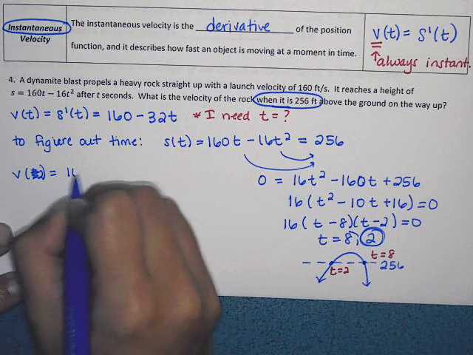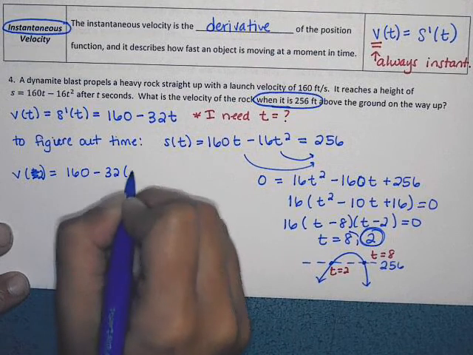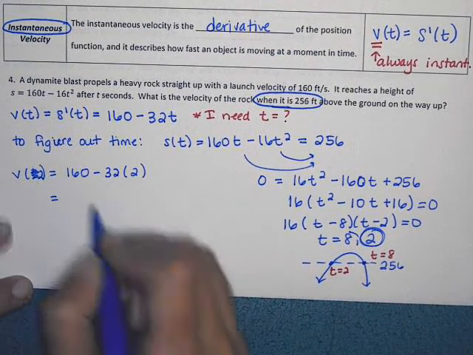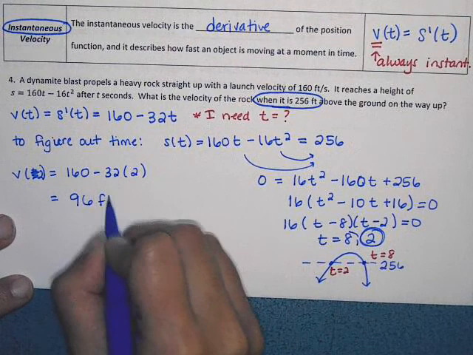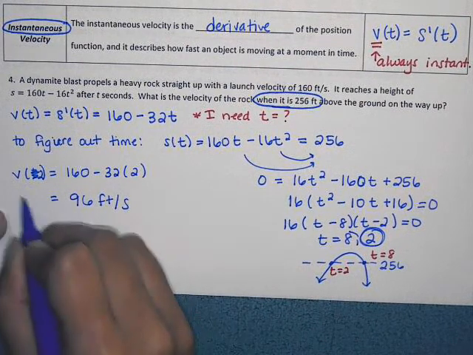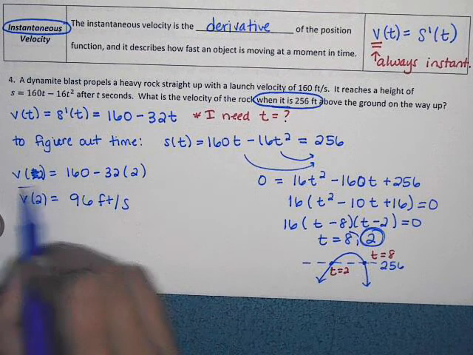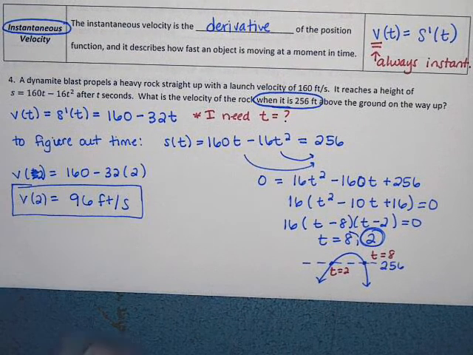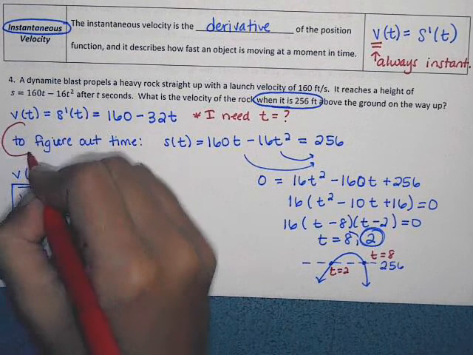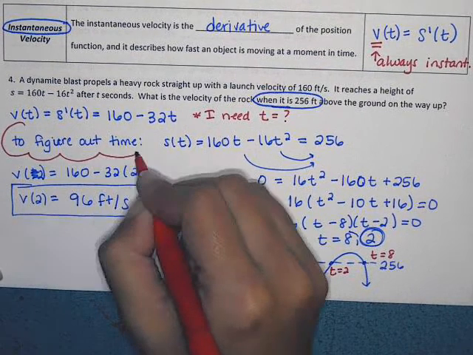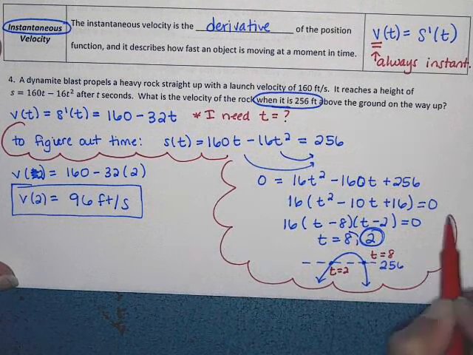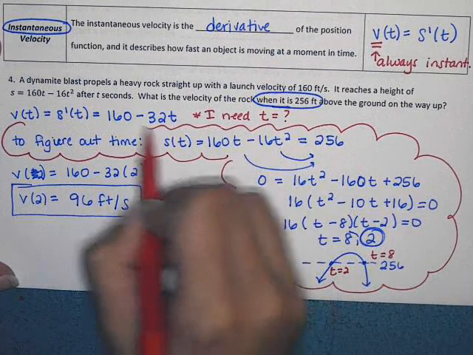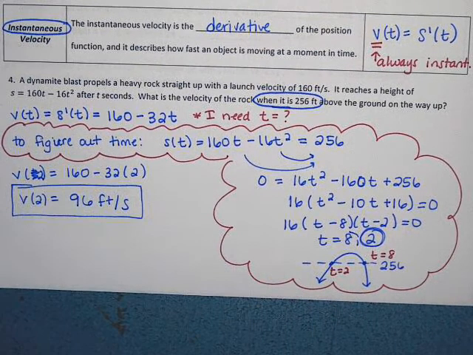I would get 160 minus 32 times 2, which is 96 feet per second. All of this stuff right here was because I didn't know my time. So I had to kind of do some extra work to figure that out.